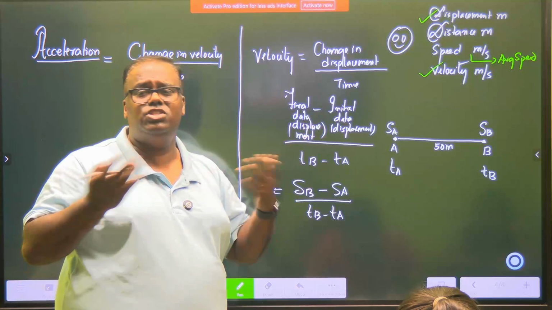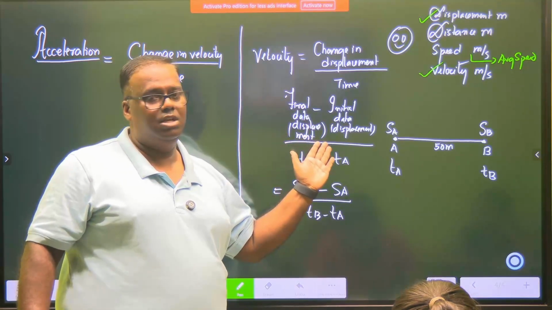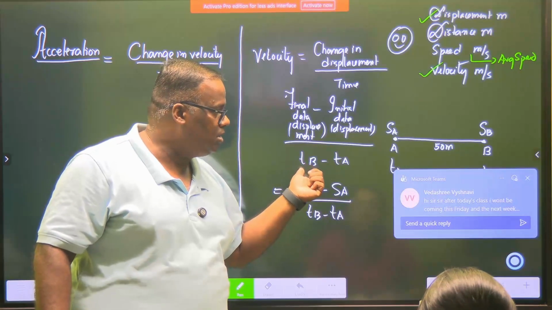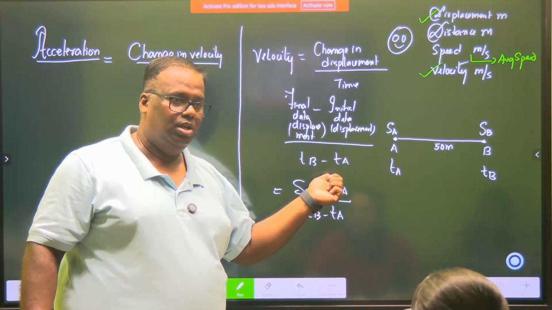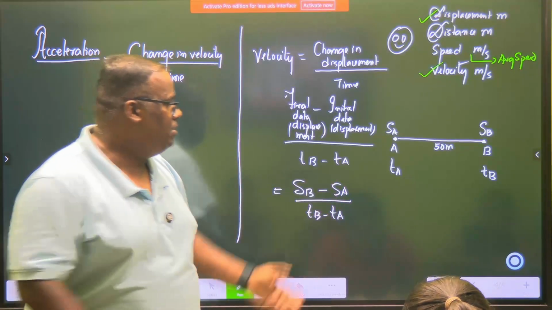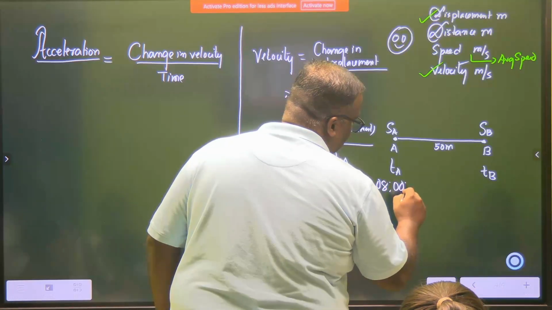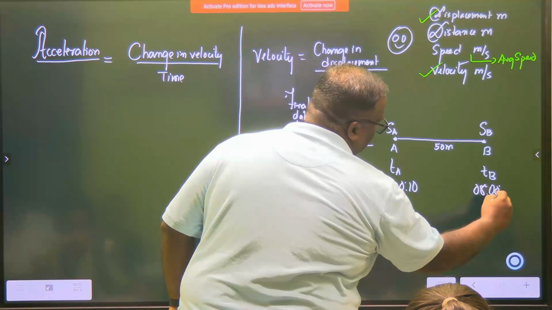But for us in this chapter, what is the data right now? Displacement. So final displacement minus initial displacement. Have you understood? Similarly, it will be final time minus initial time. Is this understood? So I said that the time here was say 08:00:10 and the time here is 08:00:20.